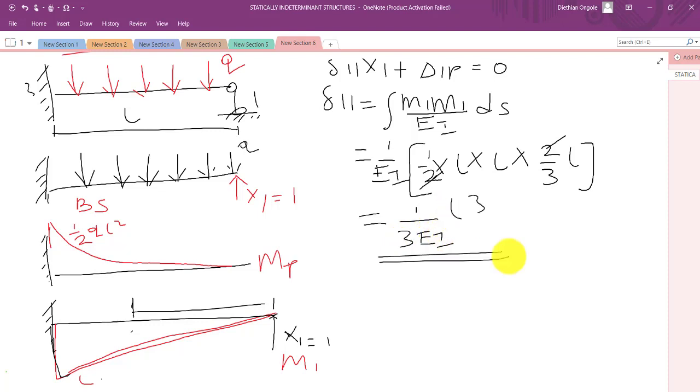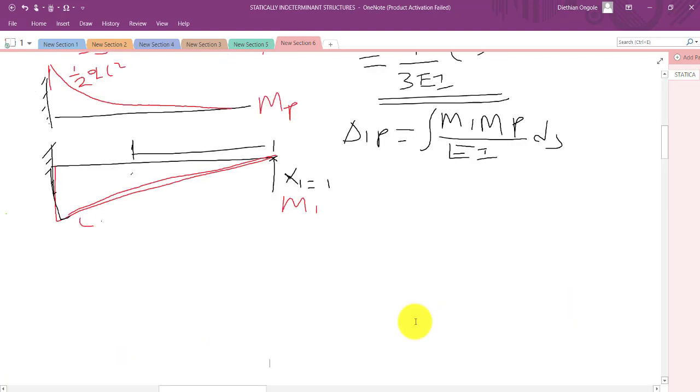After doing that, next I find my delta 1p. So delta 1p is equivalent to the integral of m1 mp divided by EI times ds. This one is exactly the same as the diagram multiplication method. So we use the same idea, whereby we get our area from the MP diagram, then we find the position of the center from the M1.